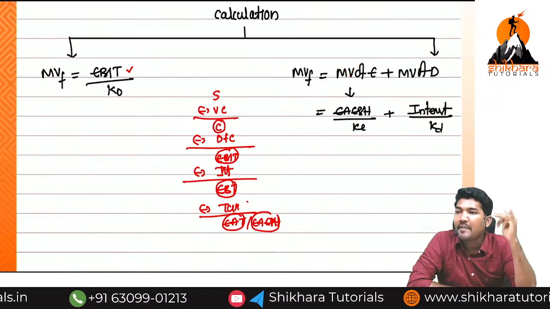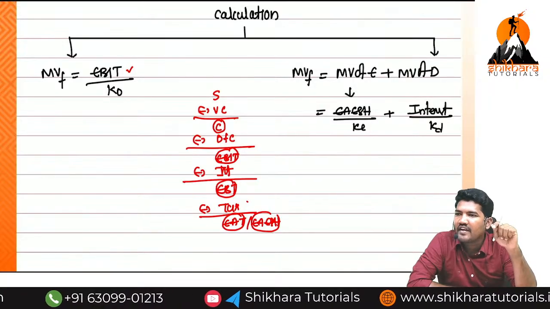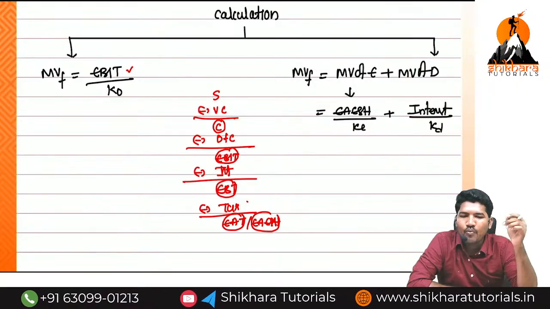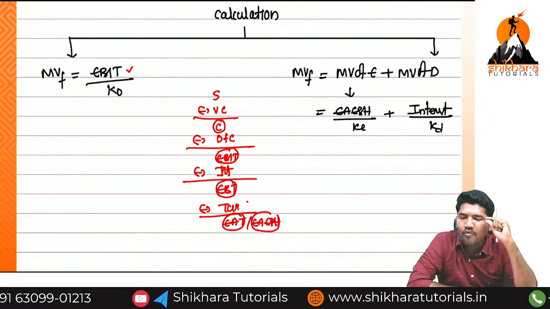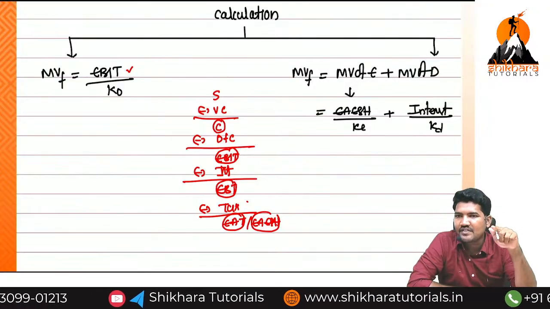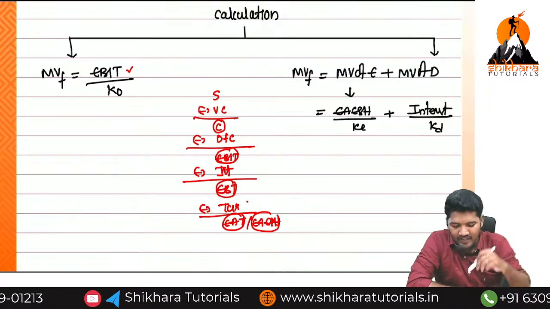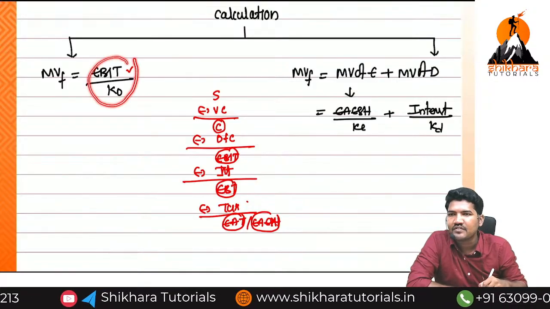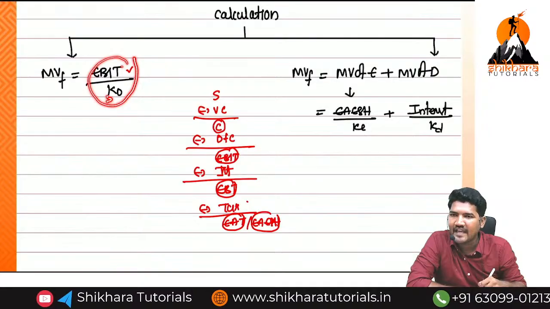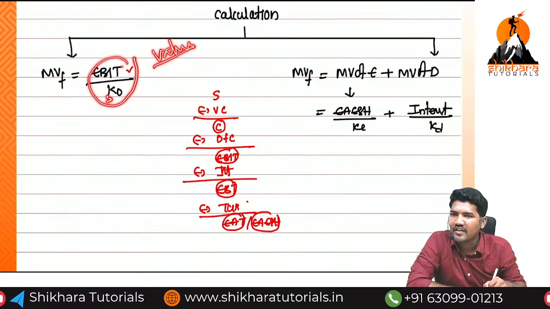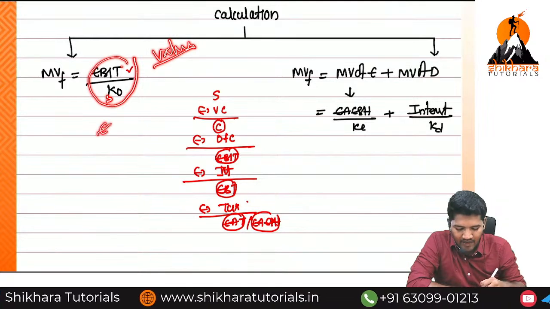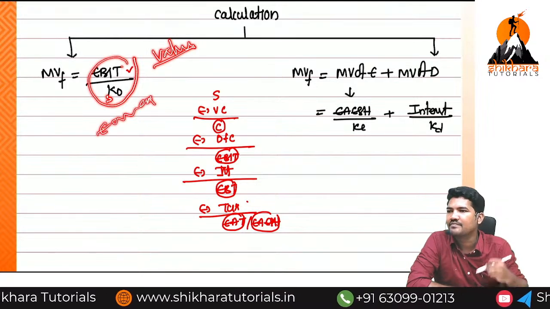How to calculate value of equity? Equity earnings capitalized. How do we capitalize? If you divide the profit by the rate, the amount of profit will be capitalized. Company profit capitalized with KO, you will get value. This is called the earning capitalization method.